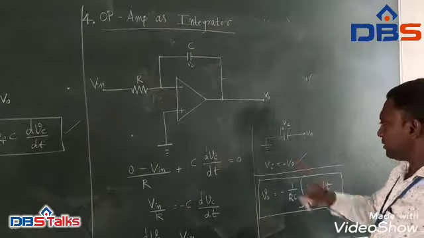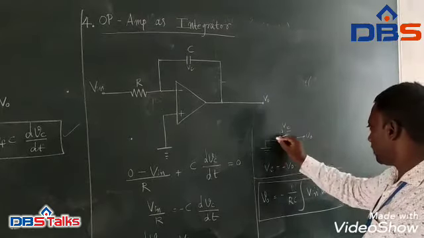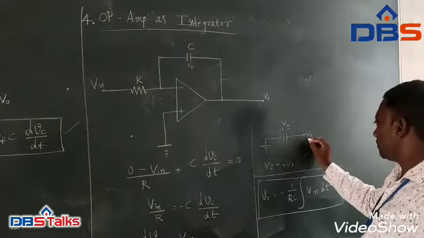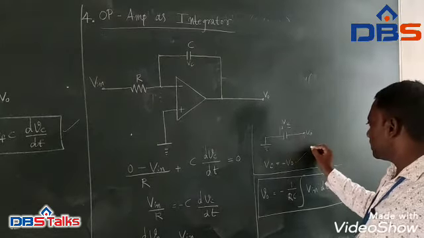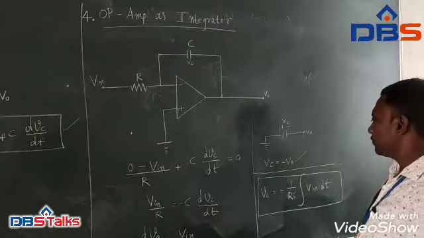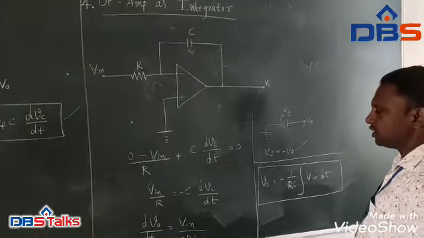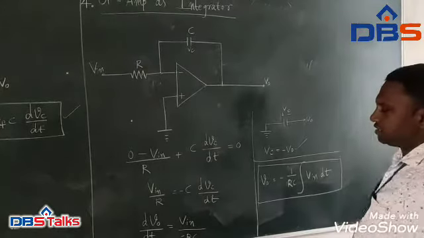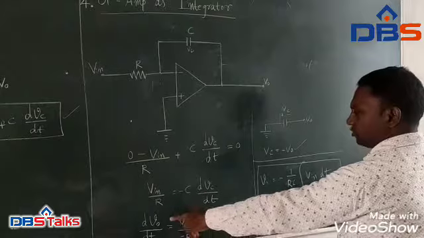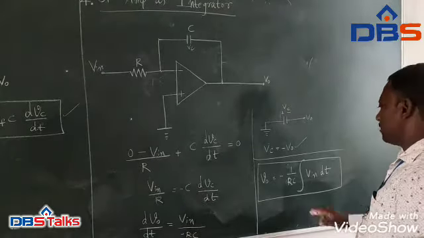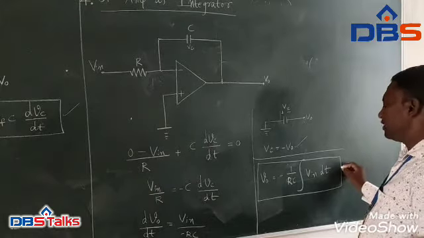You can understand this by applying KVL around the loop: Vc plus V0 is equal to 0, so Vc is equal to minus V0. From that, Vin by minus RC is equal to dV0 by dt. Therefore V0 is equal to minus 1 by RC integral Vin dt.